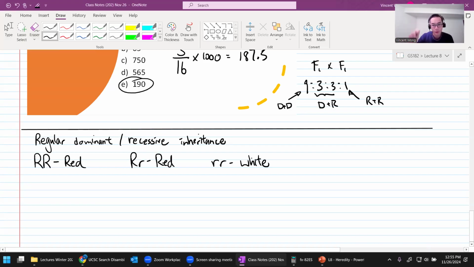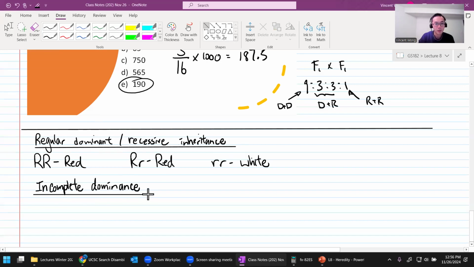There are two other kinds of inheritance pattern that you need to know. First one is called incomplete dominance. So in incomplete dominance, big R is still red. Small r is still white.